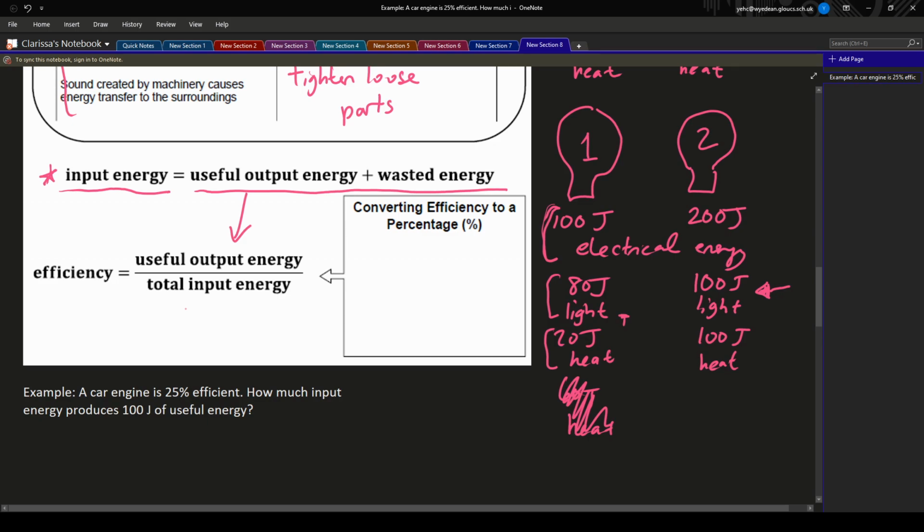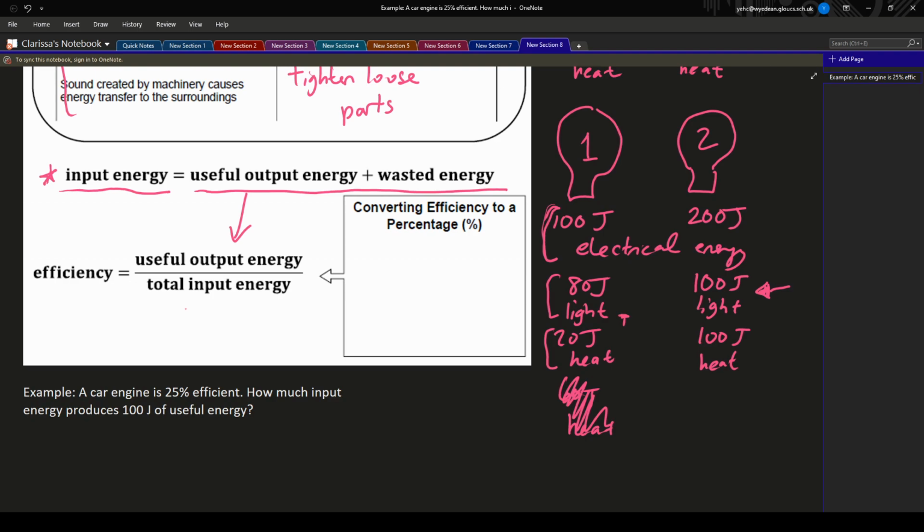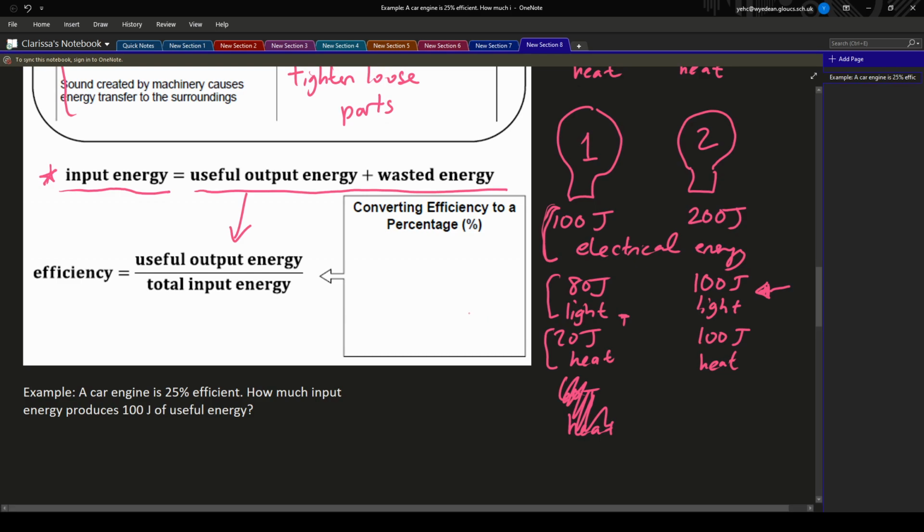So the equation itself is really simple. You have how much you have, the useful bit, over the total that you could have had, the total input energy. In order to get it as a percentage though, because when you divide something by something else you get a decimal, to convert it to a percentage you just times it by 100.